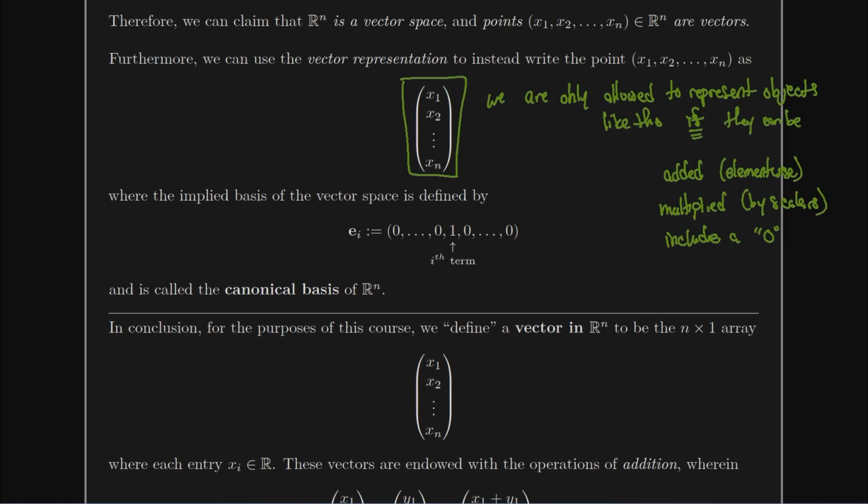That's when we're allowed to represent some other mathematical object as a single column array. And we call this single column array a vector representation.